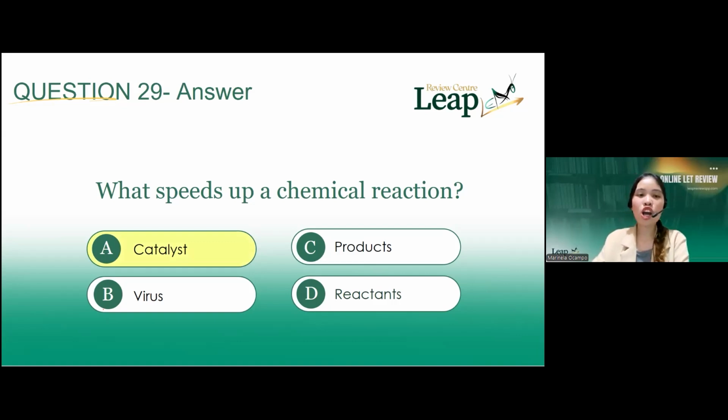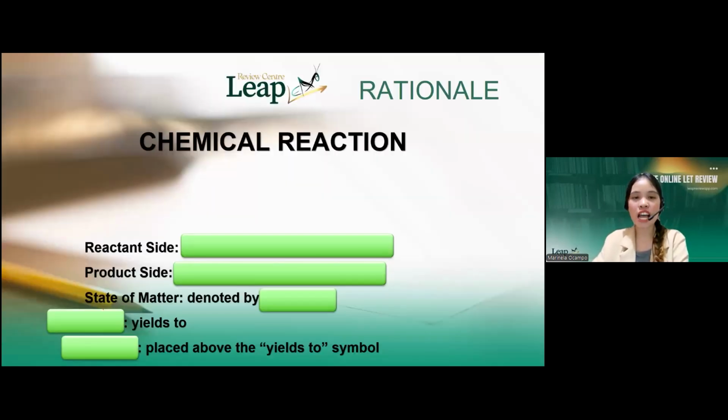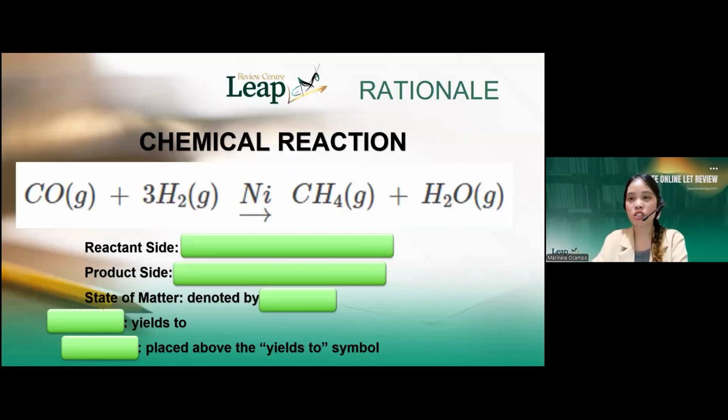If we are to talk about chemical reaction, let's have this image, for example. In the chemical reaction, we have different components. Before we talk about the catalyst, let's first identify the reactant and then the product side of this chemical reaction.